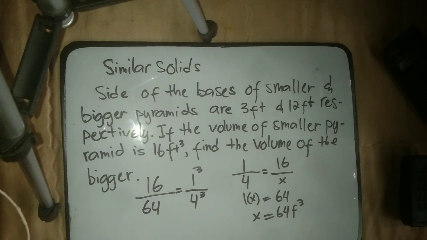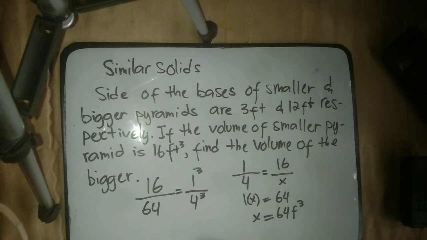In that way, we can use the simplified form of the ratio, raised to the cube, since we are finding the missing volume of the bigger pyramid.